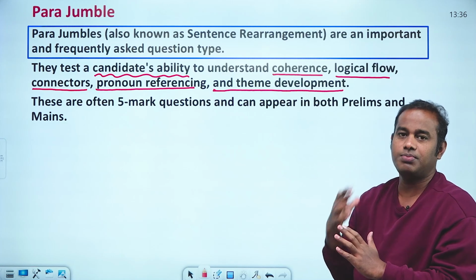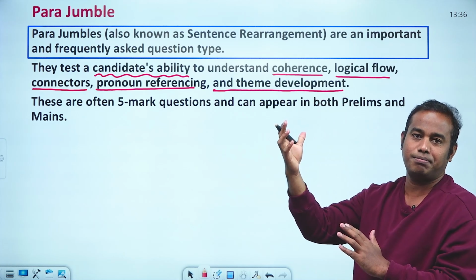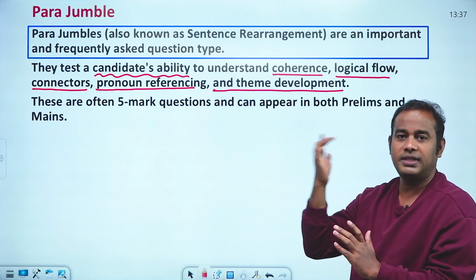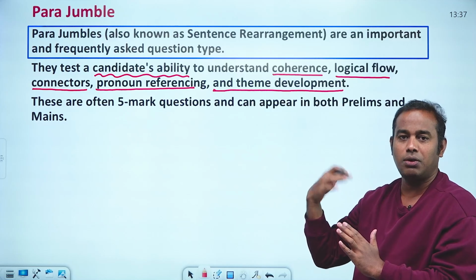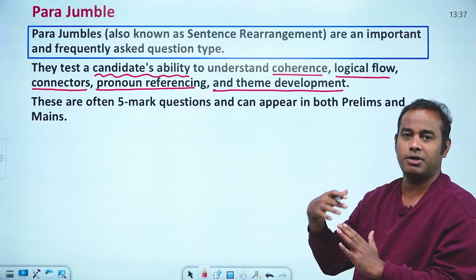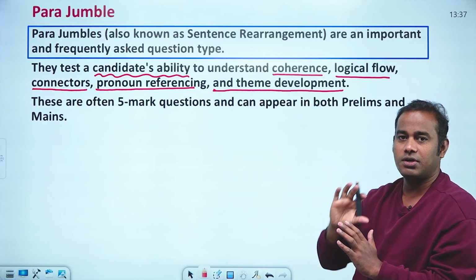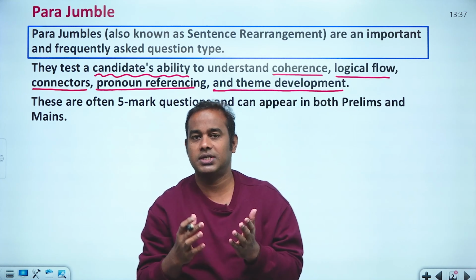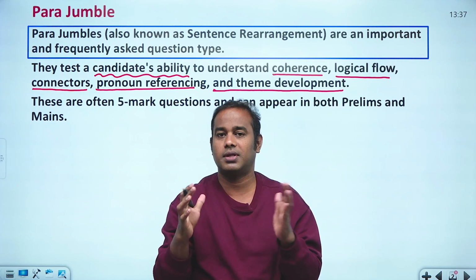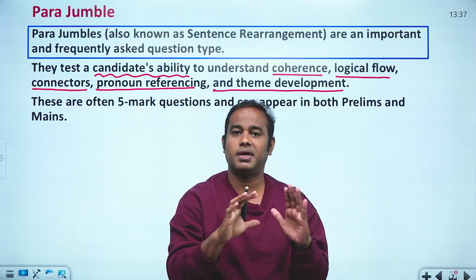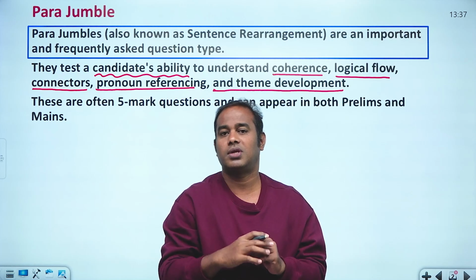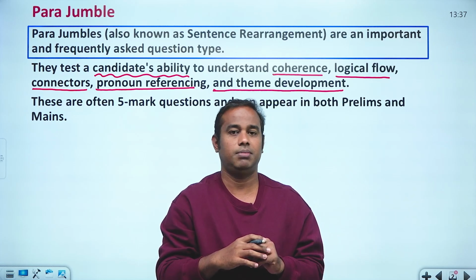Pronoun referencing means that in the beginning sentence we generally talk about the noun, and whenever the noun is repeated we have to use the pronoun. Are you able to follow that reference? Likewise, theme development: what the author is trying to convey, are you able to follow it? Those things are generally tested in para jumble.